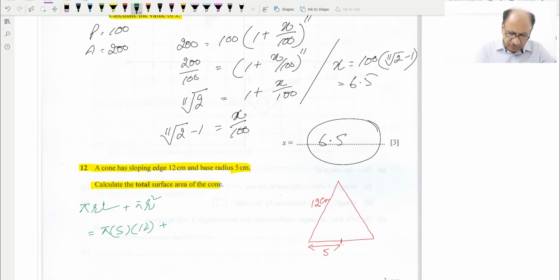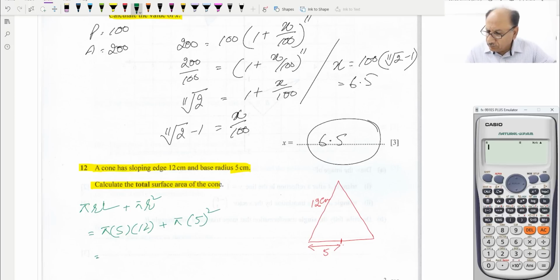We can write this, and pi into r square, meaning 5 square. This will be pi multiply by 5 multiply by 12, and plus again pi multiply by 5 square.